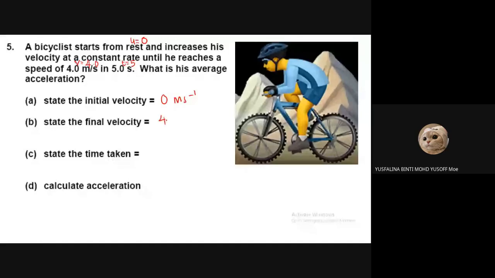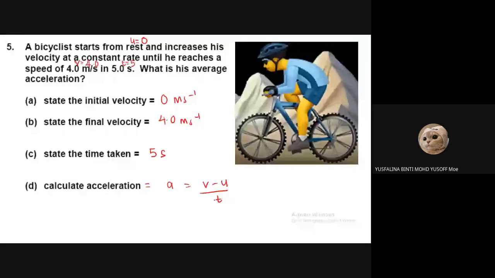State the time taken, which is 5 seconds. Then calculate the acceleration. The formula is A is V minus U divided by T.